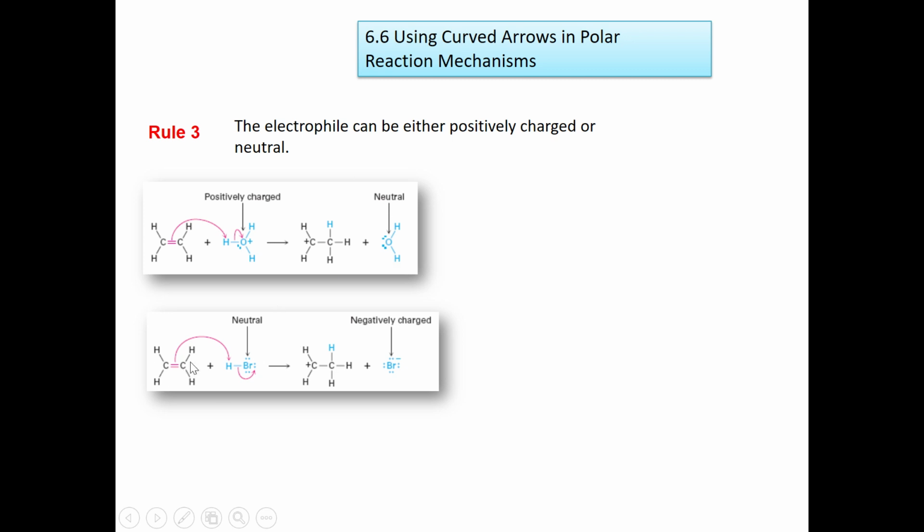Not exactly the same, but for example, the double bond can attack hydrobromic acid, and again we generate the carbocation intermediate and we generate the bromide, negatively charged.